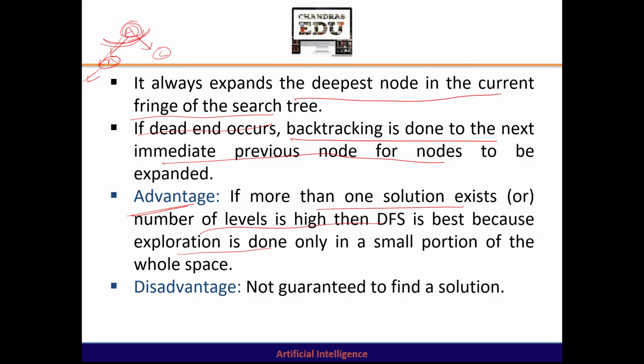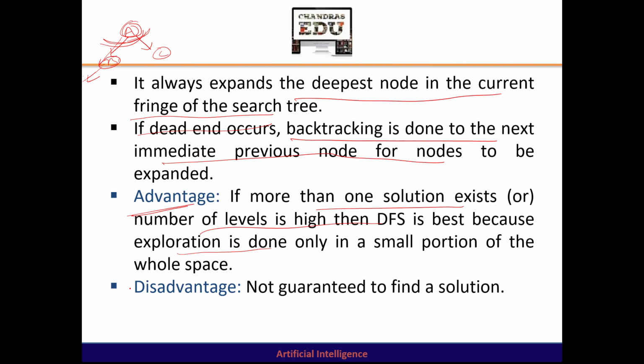And the other advantage is that if more than one solution exists also, DFS can do better. Why? Because as it checks the solution, it can come back once again and check the other paths also to find the solution. So that is the advantage with the DFS.